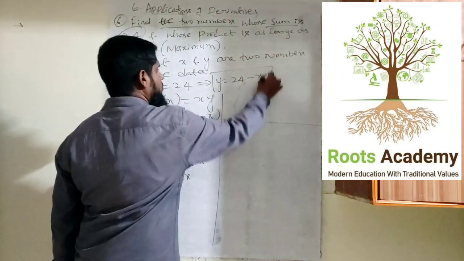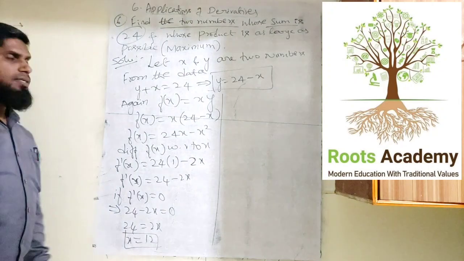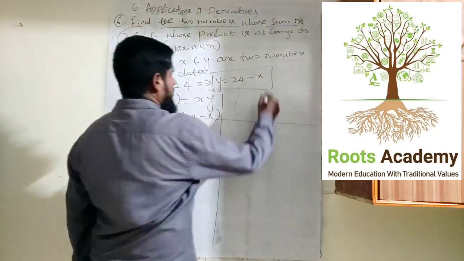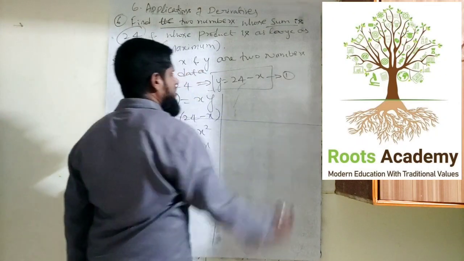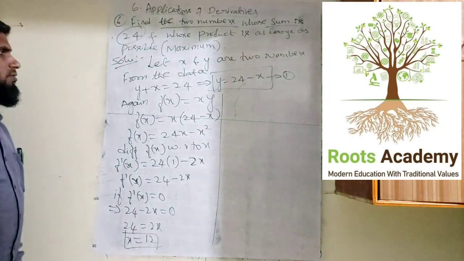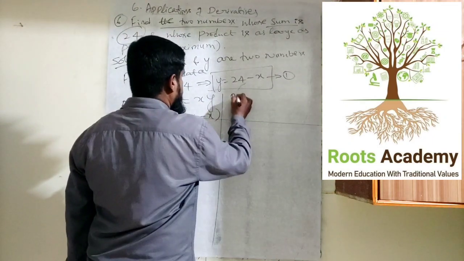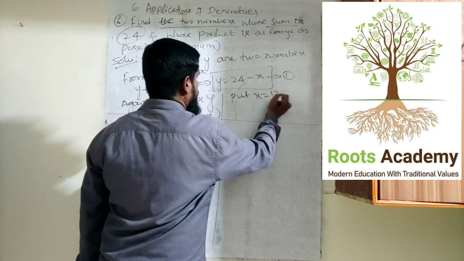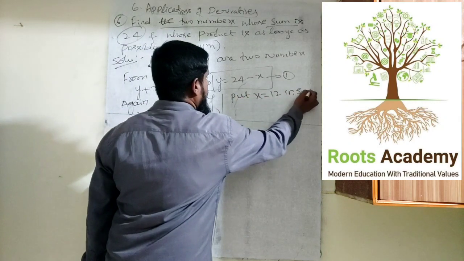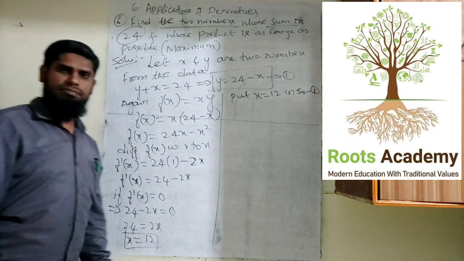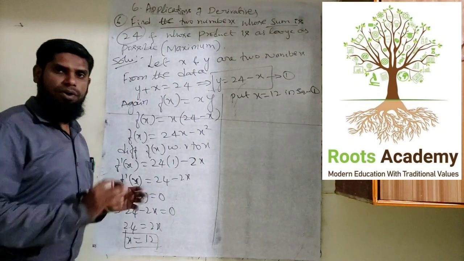I have a y value, it is 24 minus x. This is called equation 1. Now put x equal to 12 in equation 1 to find the value of y.